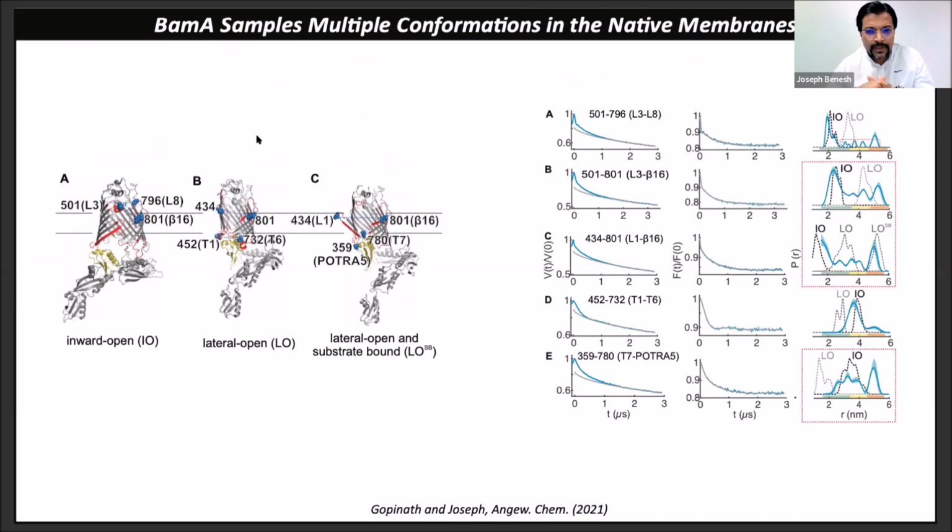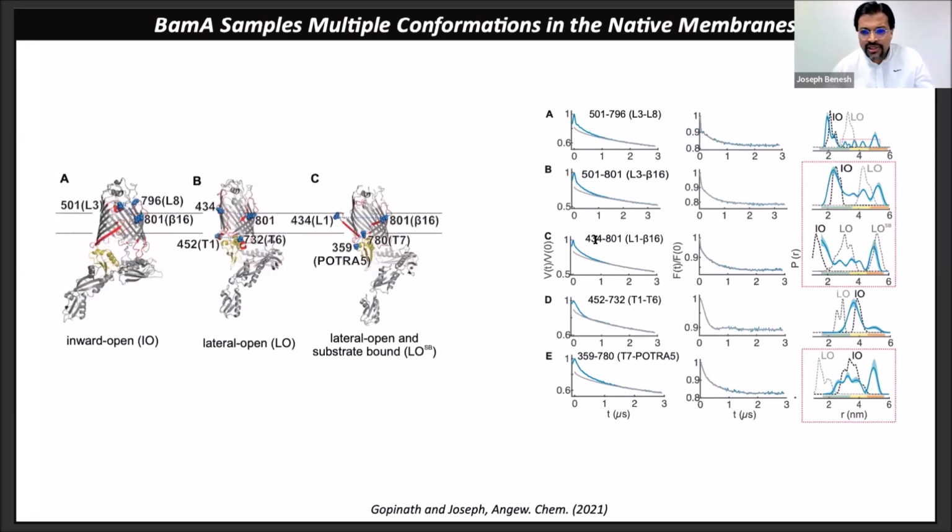So now we went on to measure in the native membranes, where we saw significant changes in the conformational heterogeneity. But here I would like to focus on three positions in particular. So for example, measuring between L3 and beta 16, we see a very broad distance distribution spanning the range occupied by inward open and lateral open conformations.